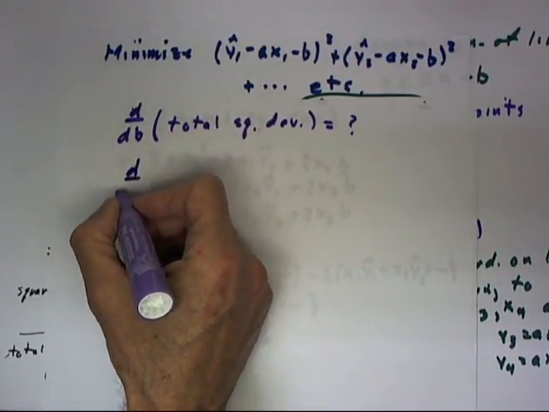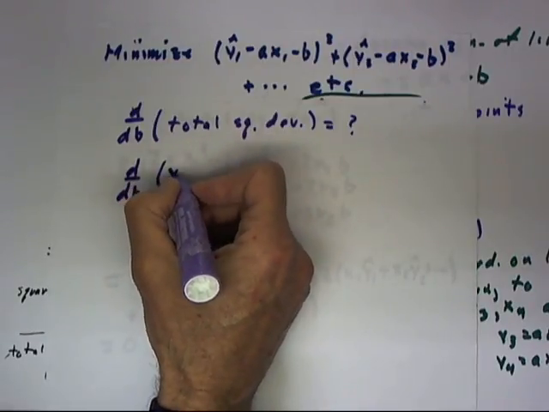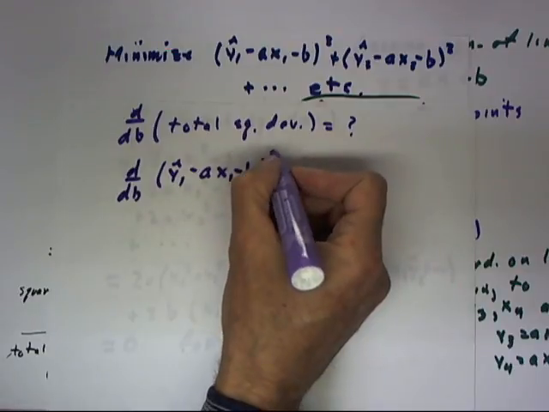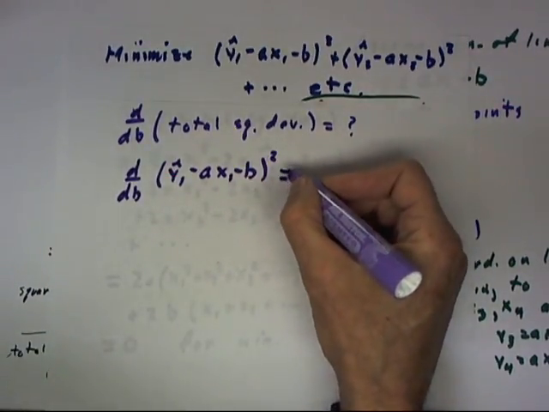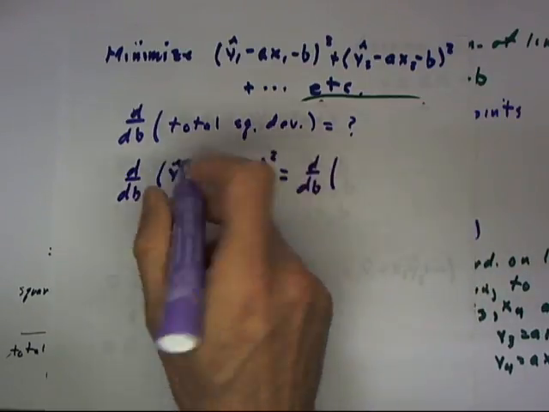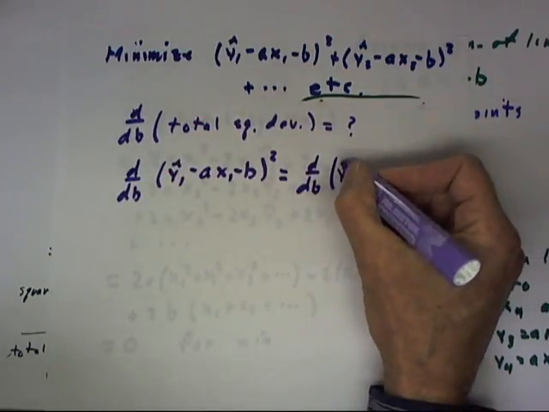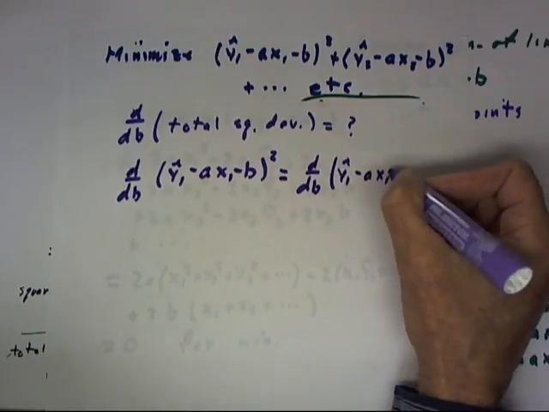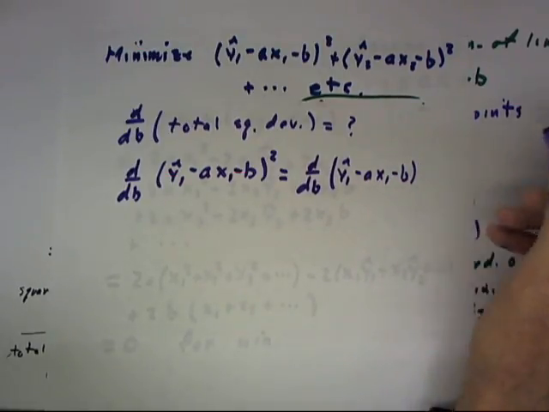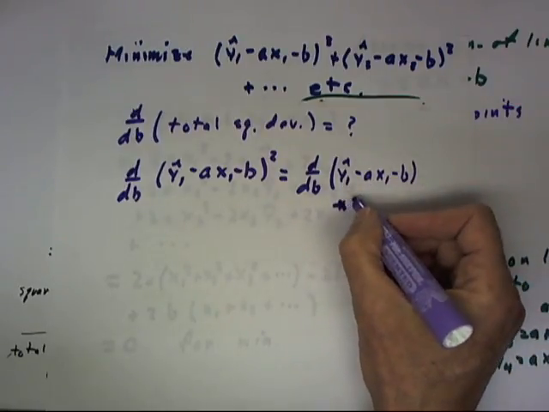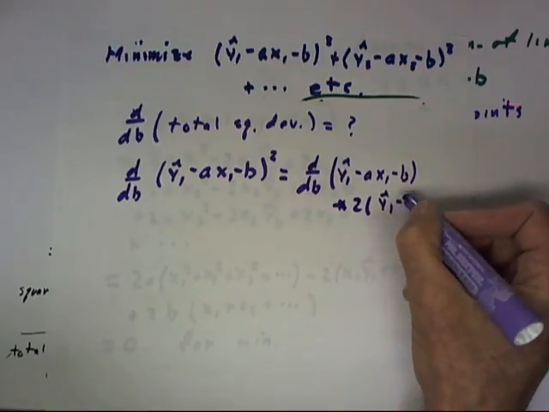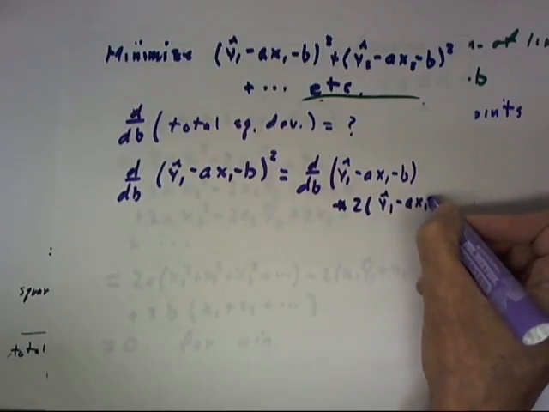So let's see, the derivative with respect to b of (y1 hat minus a x1 minus b) quantity squared is what? First of all, it's the derivative with respect to b of our inner function, which is y1 hat minus a x1 minus b, multiplied by 2 times our expression, which is 2 times (y1 hat minus a x1 minus b).